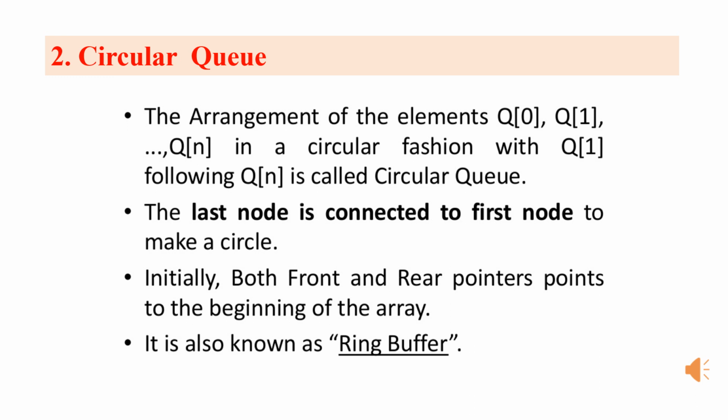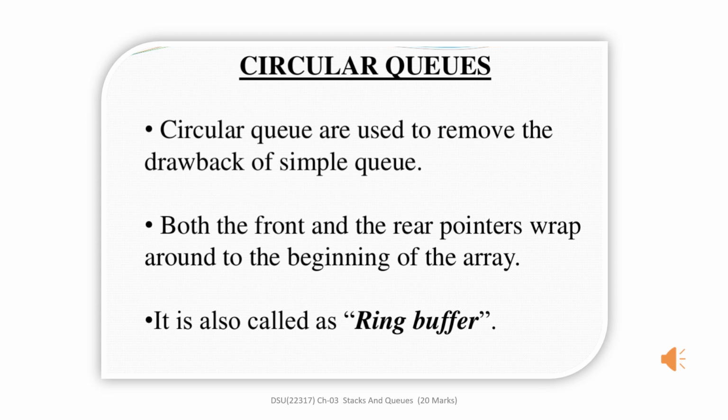The last node is connected to the first node to make a circle. Initially both front and rear pointers point to the beginning of the array. Circular queue is also known as the ring buffer. The circular queue is used to remove the drawback of a simple queue or linear queue. Both the front and the rear pointer wrap around to the beginning of the array. It is also called a ring buffer, as I told.